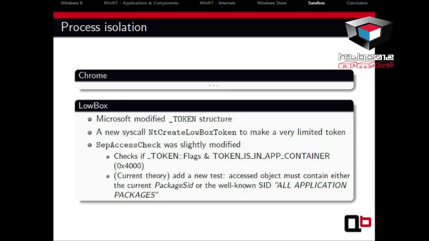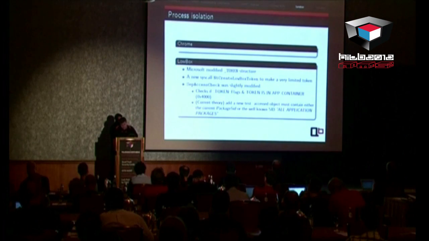They also modified the SepAccessCheck function, which basically allows or denies access to an object. And our current theory is that if the token is app container, they will perform an additional test to see if the access object allows either the package SID or the well-known SID for all application packages.